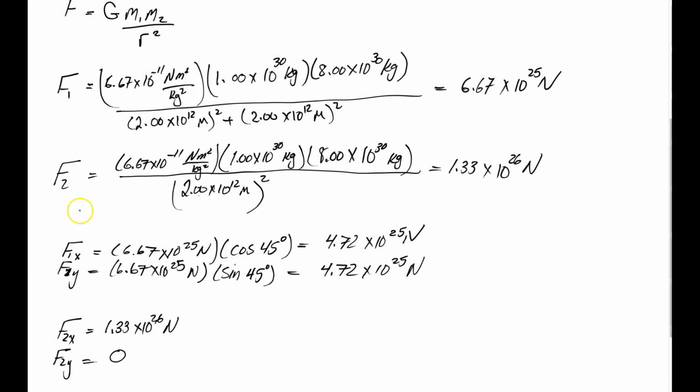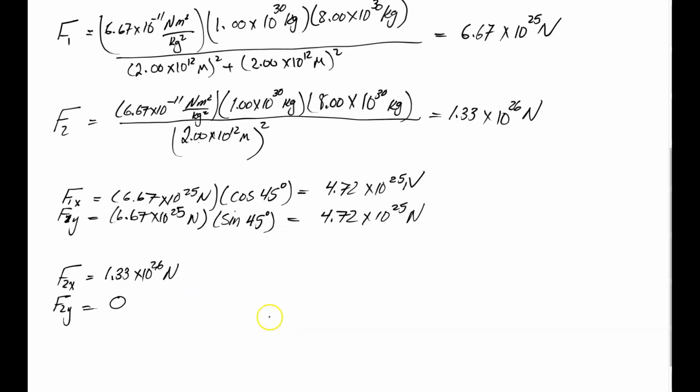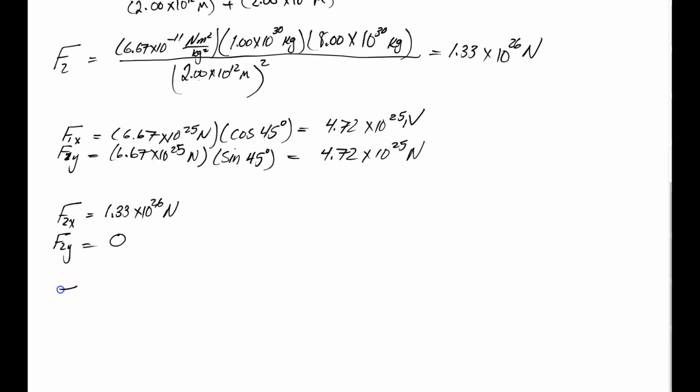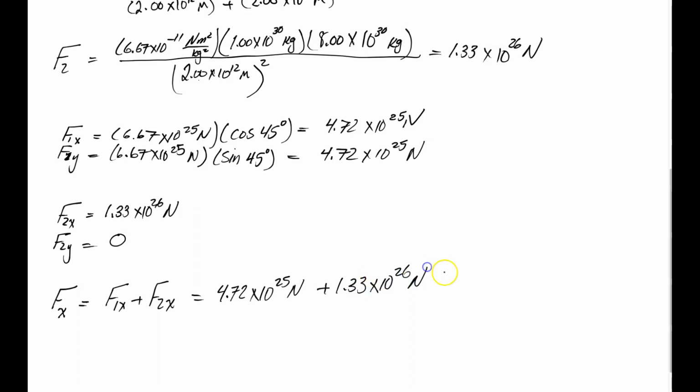And now if we continue, we can say that F sub x, the resultant force sub x, is F1x plus F2x. And if we take this number and add it to that number, we get 4.72 times 10 to the 25th Newton plus 1.33 times 10 to the 26th Newton.